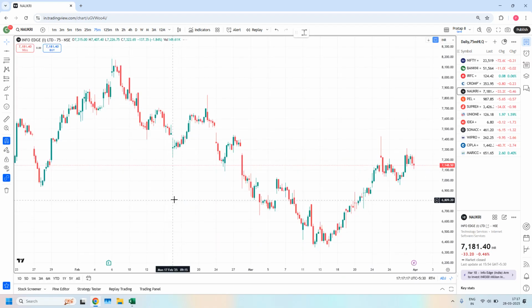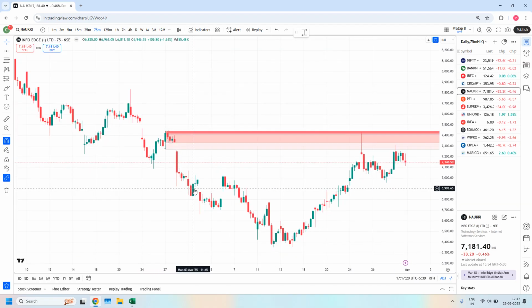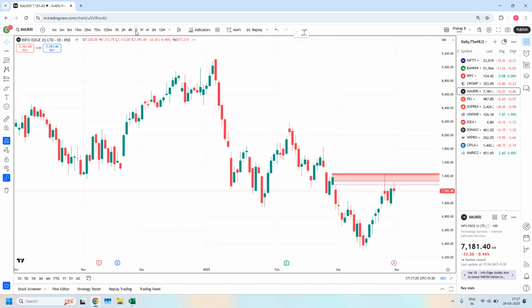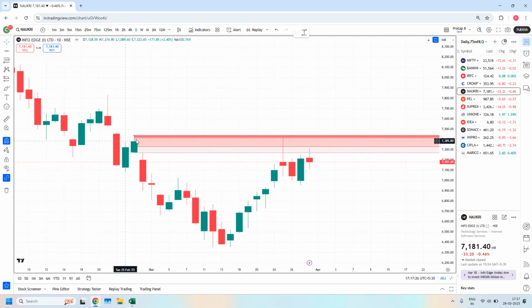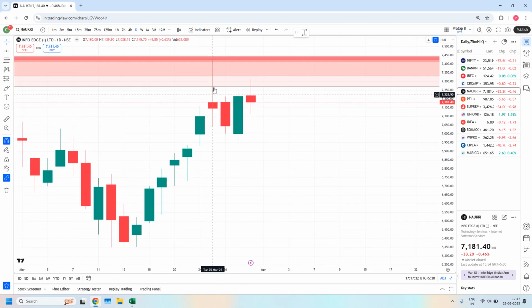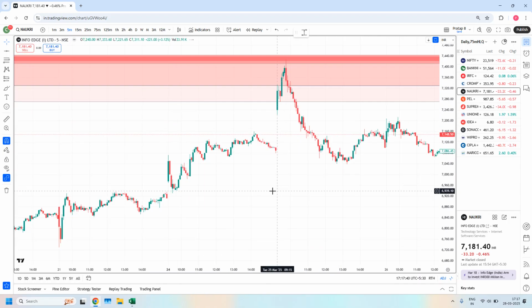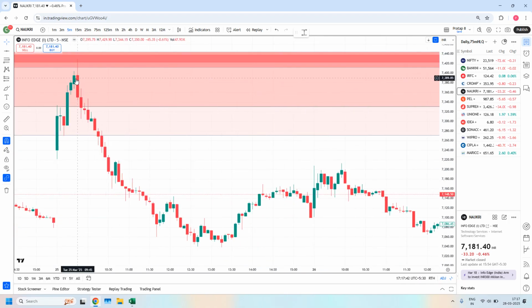Okay, next one is Naukri. Naukri is a daily zone, rally-based drop. Previously we fine-tuned it and also got a trade from this zone. From the fine-tuned area, see, price entered and how sharply it came down. This was March 25th.